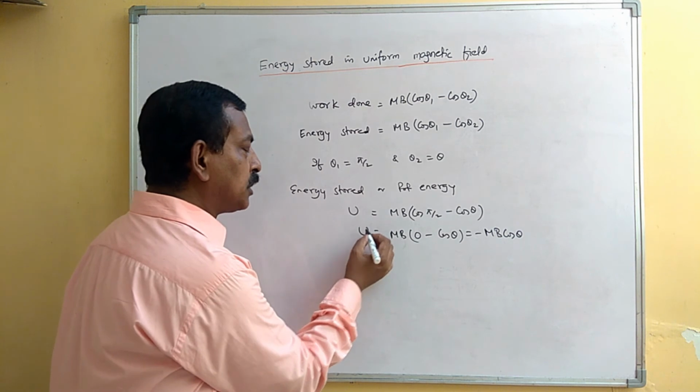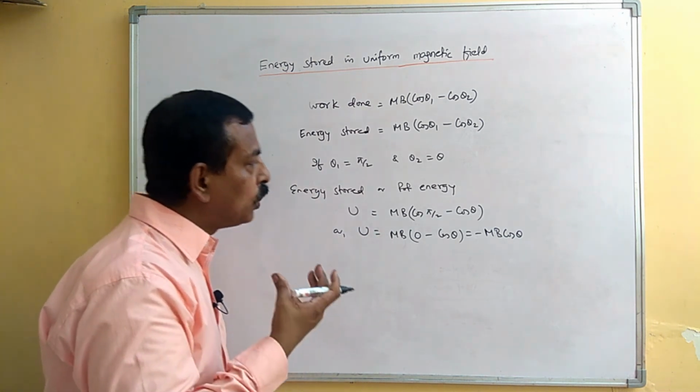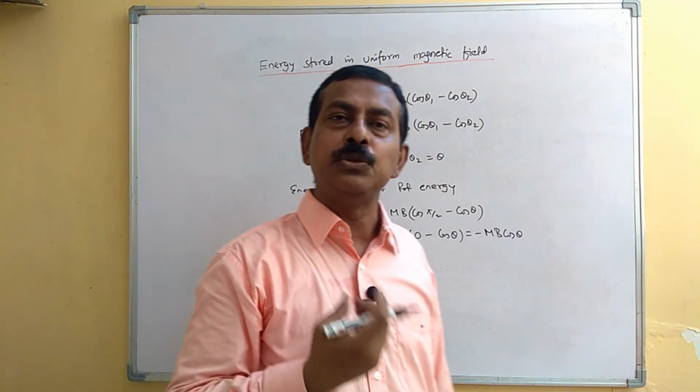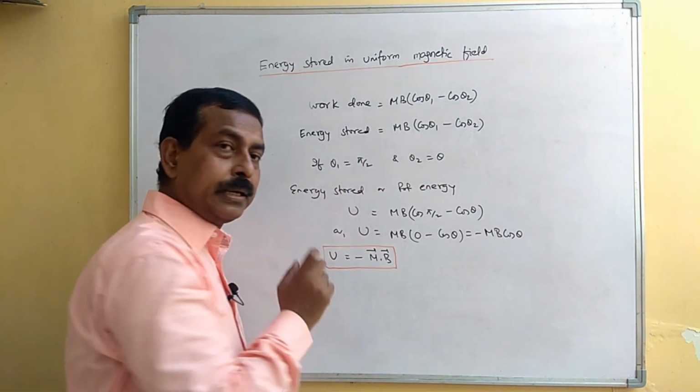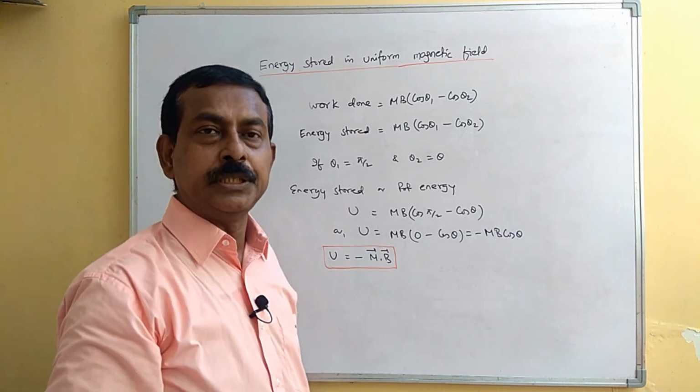So this is the expression for potential energy stored in the magnetic dipole in a uniform magnetic field. In vector form, we can write U as minus m dot B.